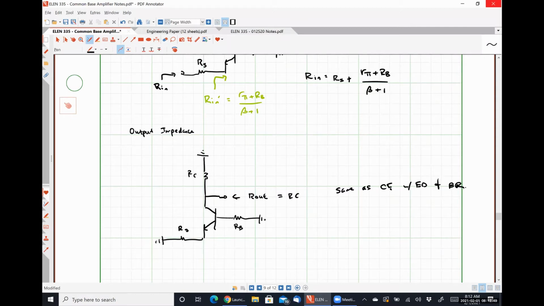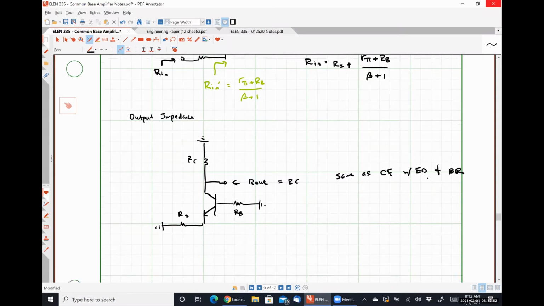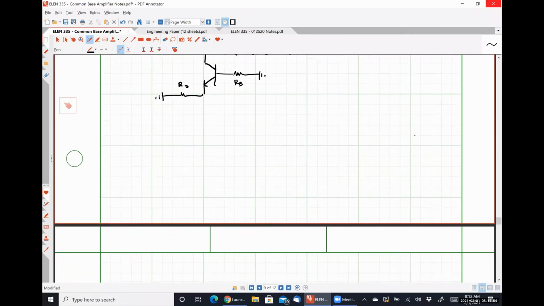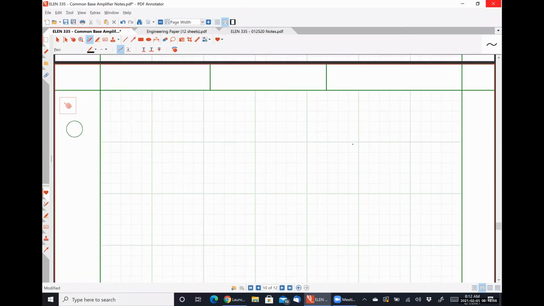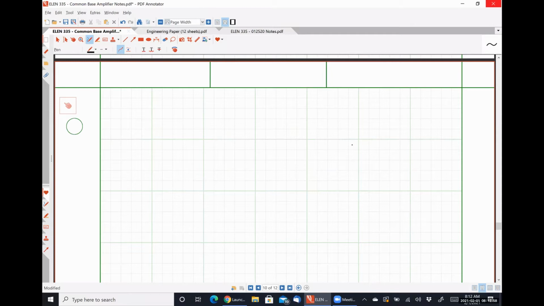All right. So finally, we need to look at our voltage gain, and this is where things are a little unfamiliar. So we will have to apply our small signal model.